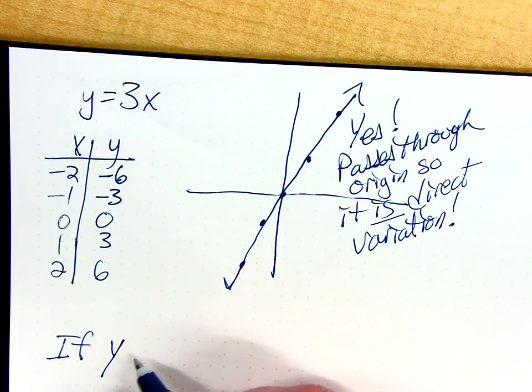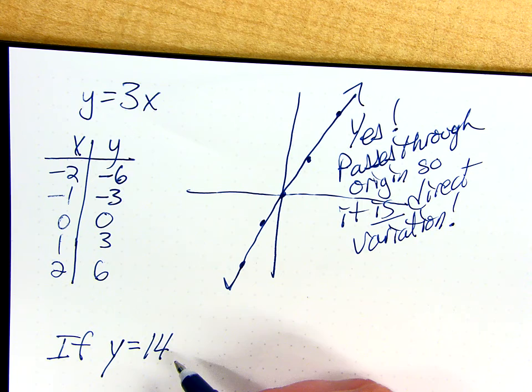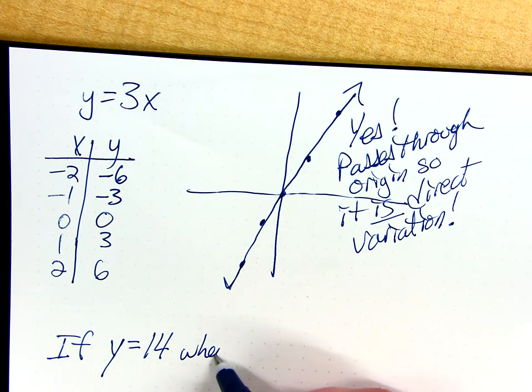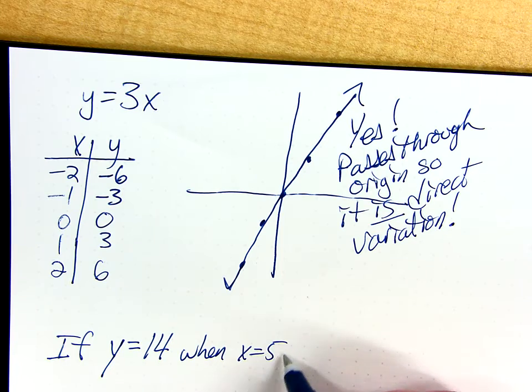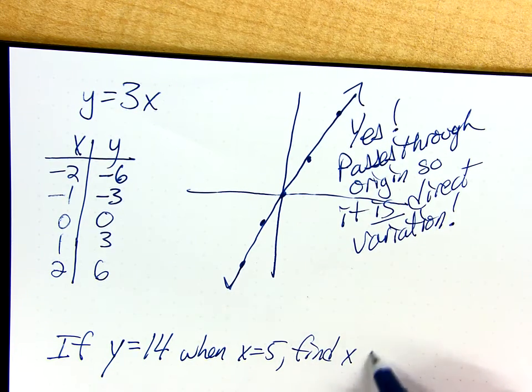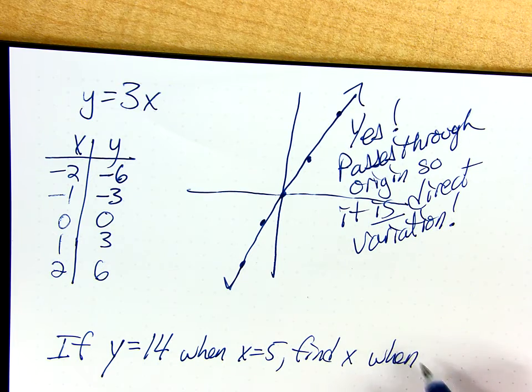I'm going to write it just like they have it on your homework tonight, so there's no confusion. So if y equals 14 when x equals 5, find x when y equals 28.